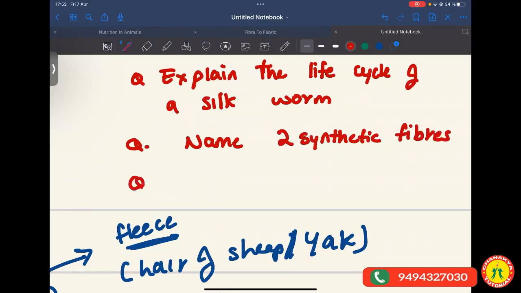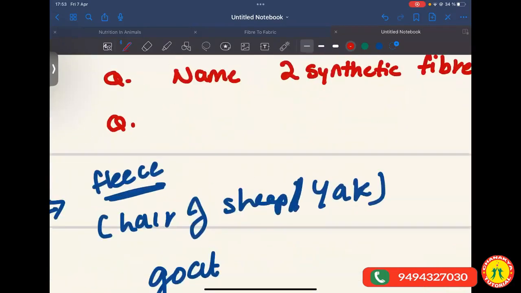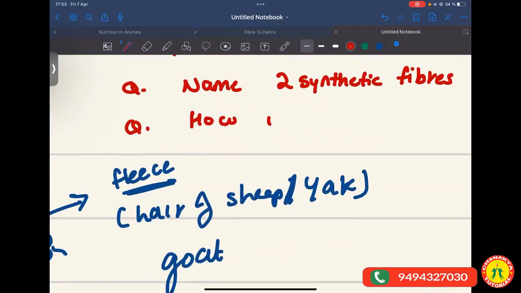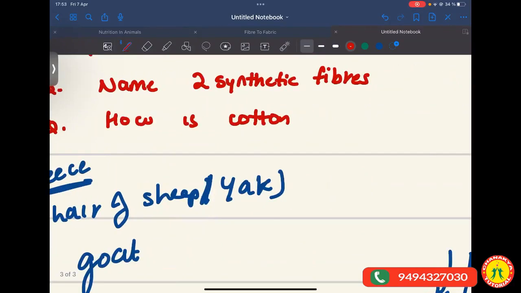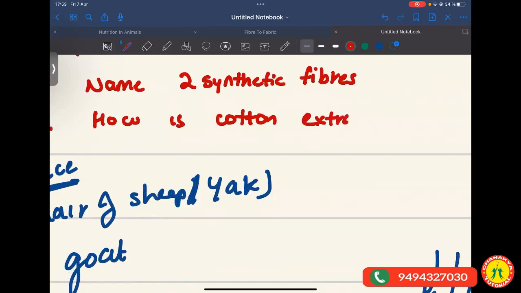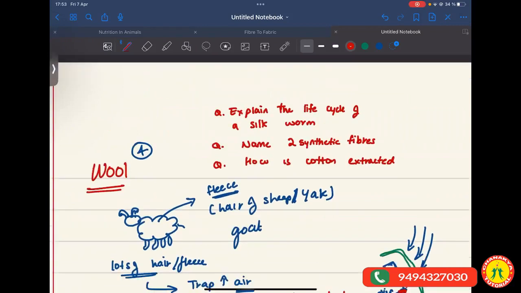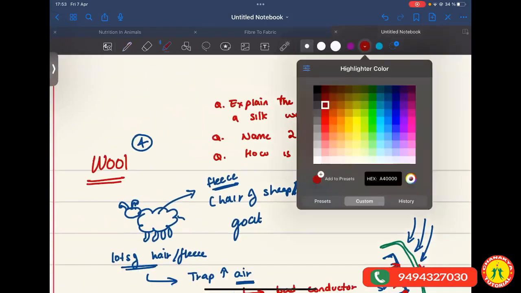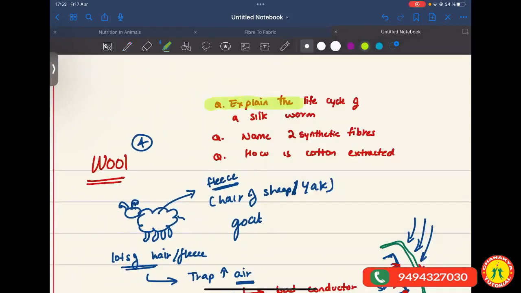I want you to find out two different other names, okay? These three are your homework questions. You can just note it down. Note the notes also down.